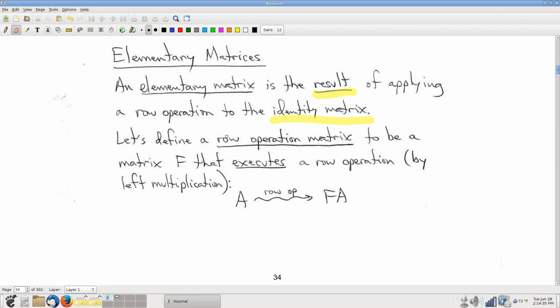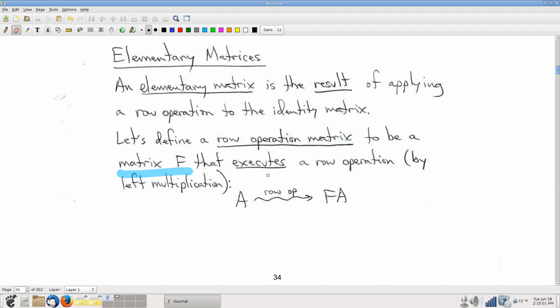Okay, so here's the additional definition that I want to make. This is a related idea, and that is that of a row operation matrix. Now I remind you, this is not in the book, but it's a very useful idea, and I encourage you all to make use of this idea. So a row operation matrix is a matrix that executes a row operation by left multiplication.